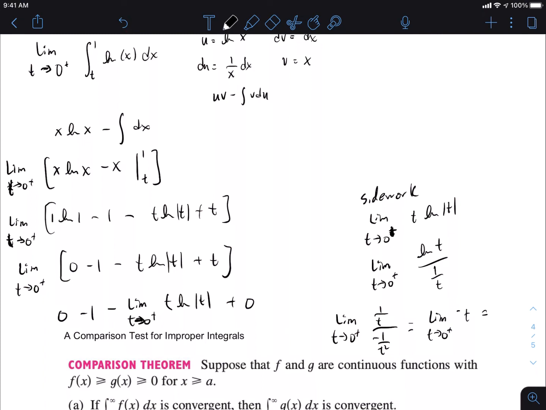But if I plug in the limit there, what am I going to get? Zero? I'm going to get 0. So that tells me that this here is 0. And so what I end up seeing is the answer to this problem is negative 1.